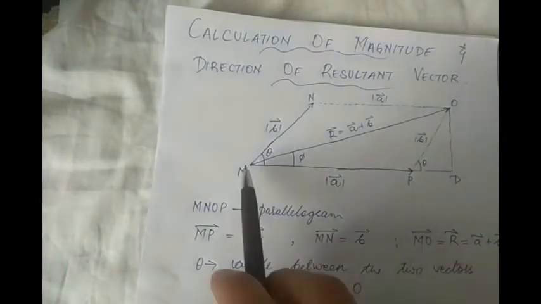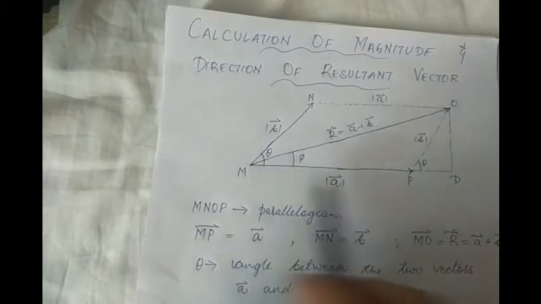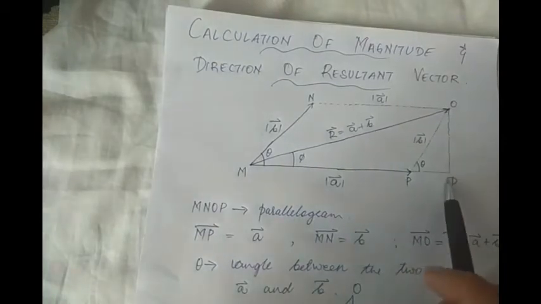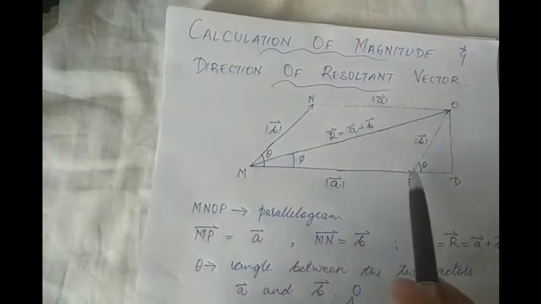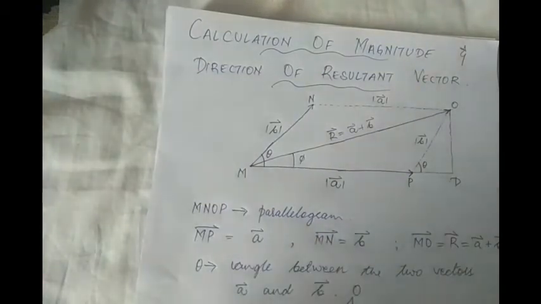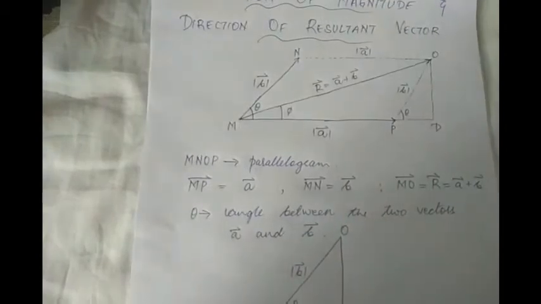What we've done is we've produced MP, vector MP or vector A, up to point D, and we've dropped a perpendicular on MP produced from point O. So OD is the perpendicular that we've dropped on MP produced, and MP itself is produced up to point D. This is the small construction that we are doing, because of which we get this triangle POD. This is the triangle that we are getting.